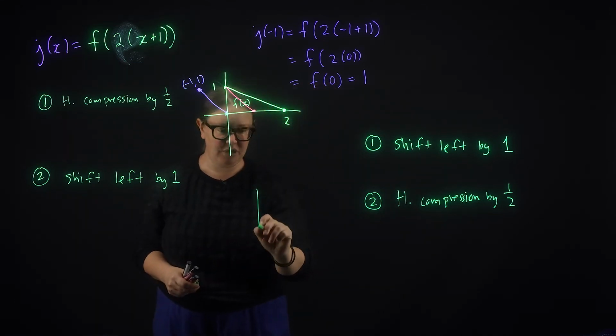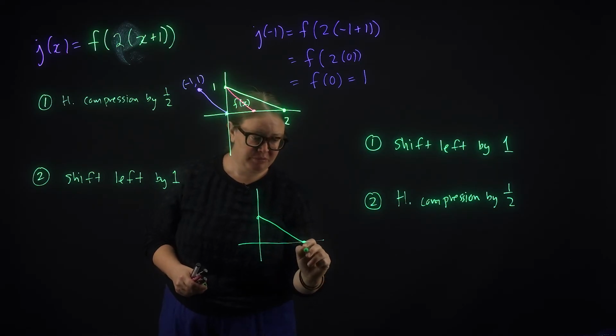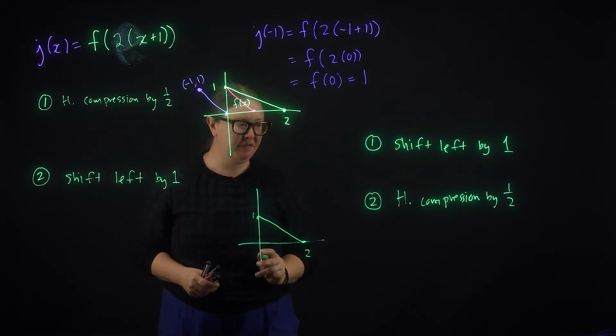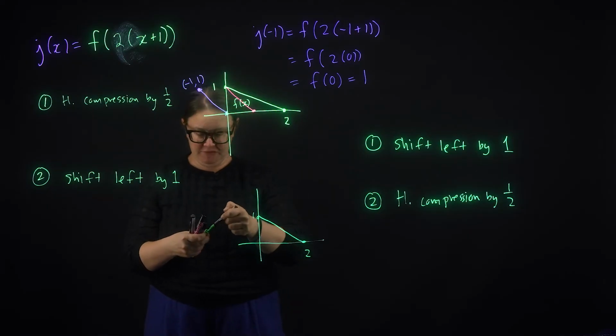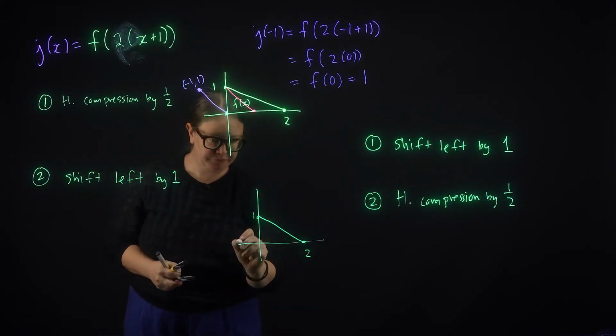Okay, so I'm going to redraw this here so things don't get too crowded. So here's my original graph, f of x. I'm going to shift left by 1. I'll use some different colors here to help us see it.